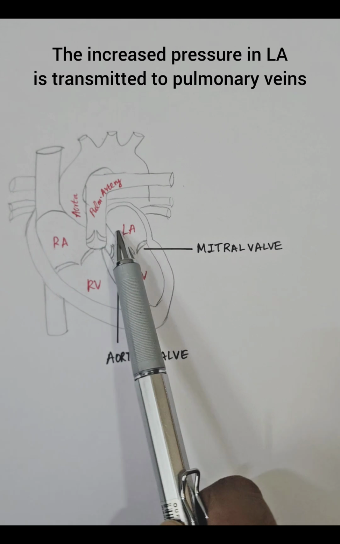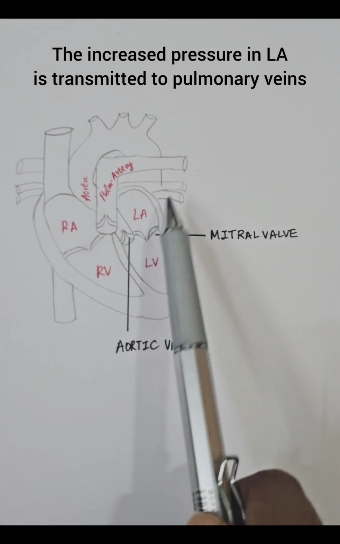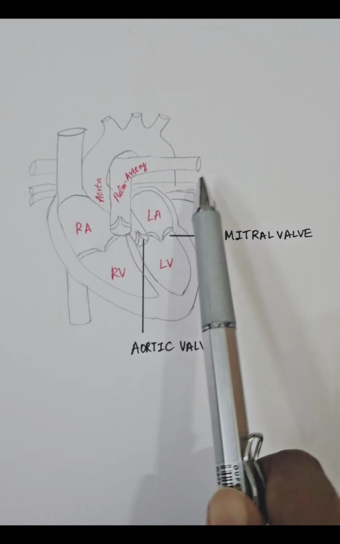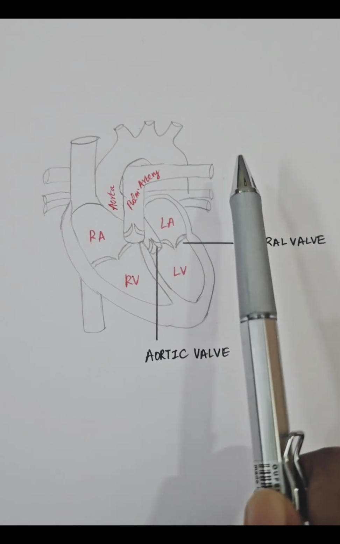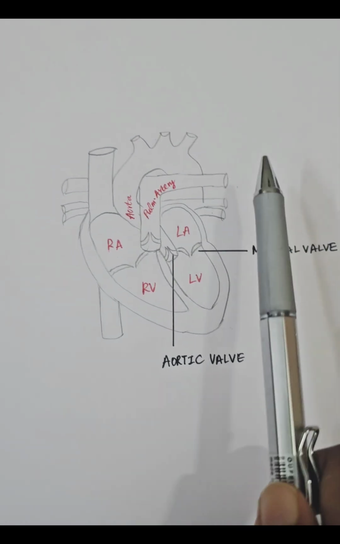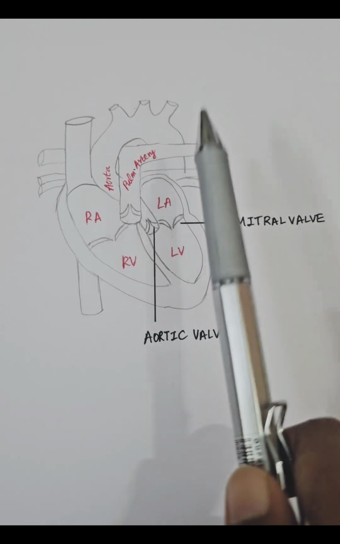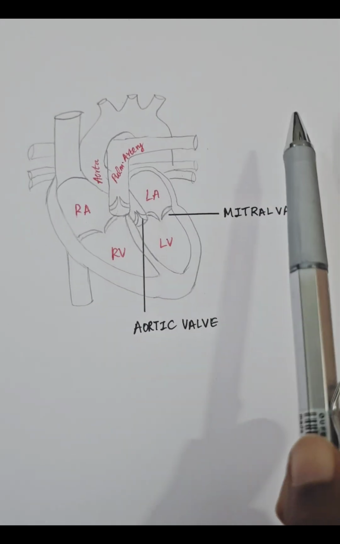So over time, the blood from the left atrium will go through the pulmonary veins to the lungs, and there will be pulmonary venous hypertension, and the pressure is transmitted to the pulmonary capillaries and to the pulmonary artery. So there will be pulmonary artery hypertension. So that is very important, and that is the reason why I have marked S2 as a thick box. That is why there is loud S2.